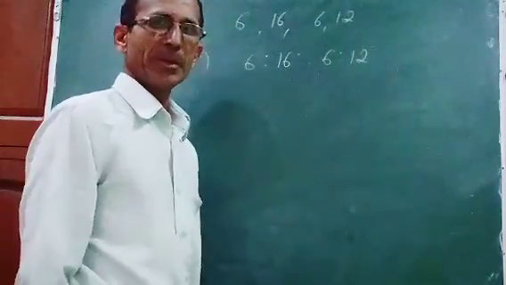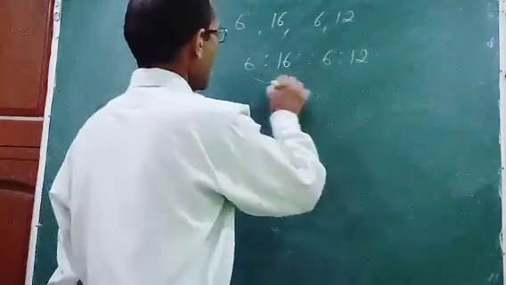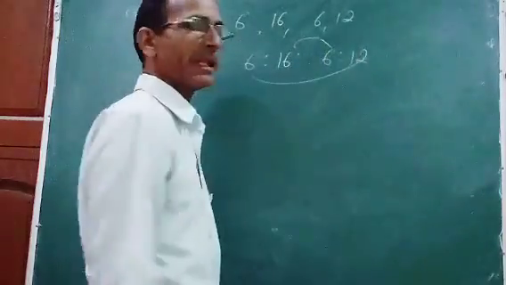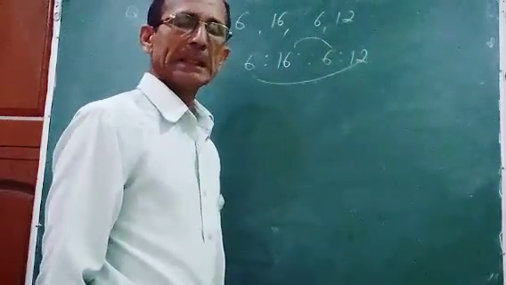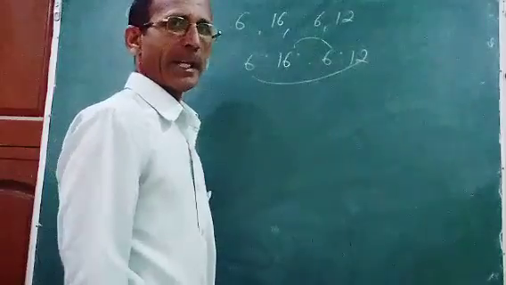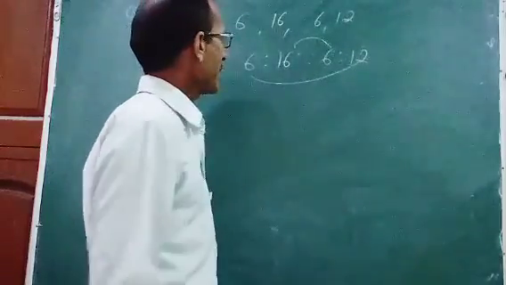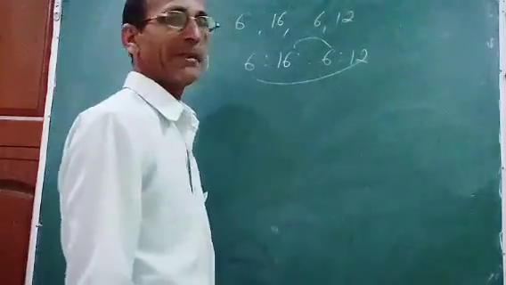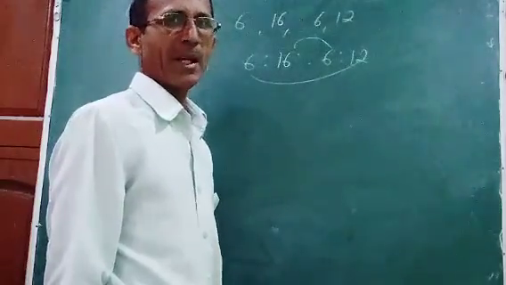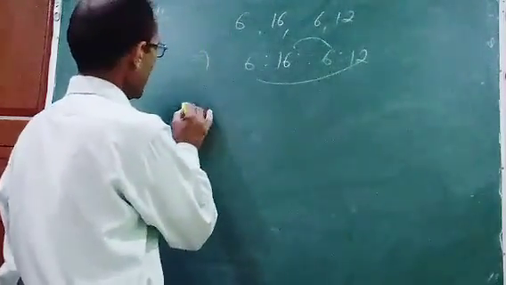The product of means should equal the product of extremes. If the product of means is equal to the product of extremes, then we can say they are in proportion or not. Now you can check.